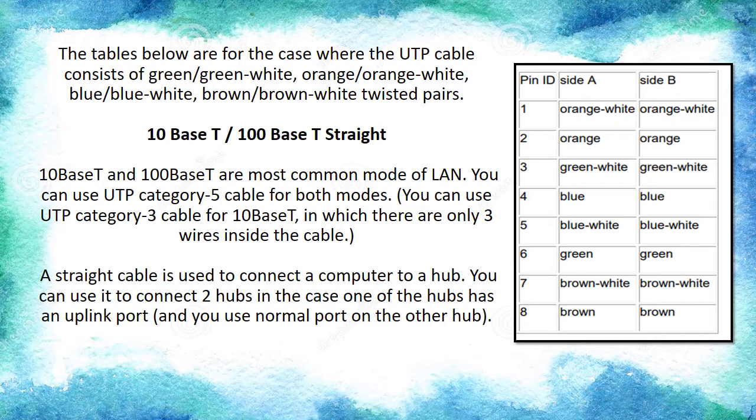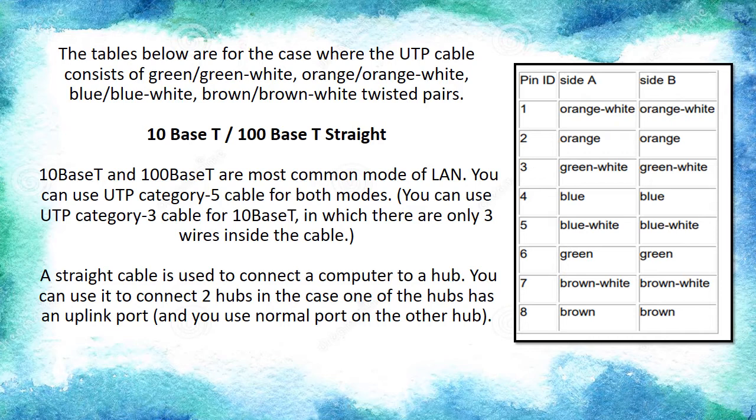On the right side of our slide, we have the image for side A, side B, and the pin ID. For pin ID number 1, we have orange-white for side A, and for side B, orange-white. Then for pin 2, we have orange, and for side B, orange.